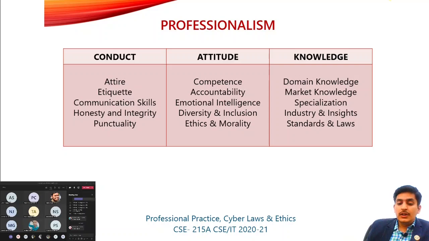Secondly is accountability. Accountability for the work you do, taking responsibility, that is accountability. Third is emotional intelligence, how you behave with the people around you, how you behave with the feelings within yourself. So for example, let's say you are talking to a client and the client asks you to do something that is not possible as per the budget of the project.